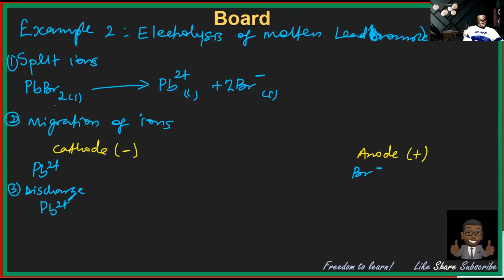You said it will be reduced, right? Yes. And you said it will be Pb2 plus minus 2e minus, is that what you say? Yes. Okay. So if it's going to be reduced and it's losing electrons, does that tally with the definition? Oh no. It's losing, its oxidation.